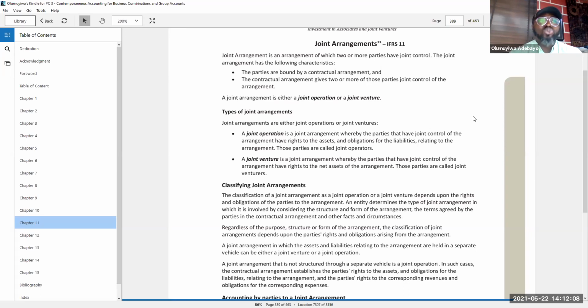A joint venture usually comes up by way of creating a vehicle, which I called earlier a shell. Creating a vehicle that will drive the common purpose, which will be separate from the individual interest holders in the joint arrangement. And I'll use a practical example to illustrate that so that we can have a better understanding rather than looking at it from the theoretical perspective.